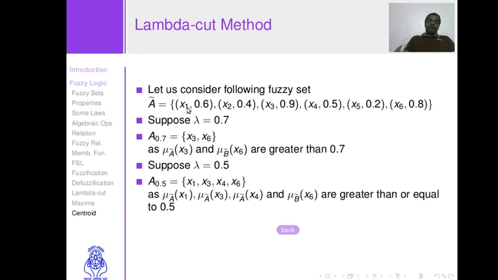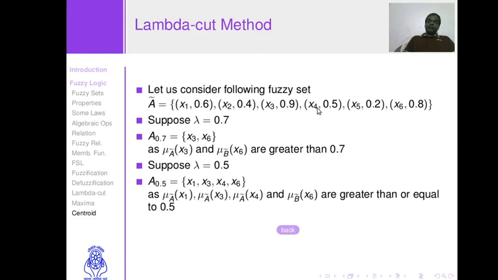Here the degree of membership of x1 is smaller than lambda, so we discard this element. In the same way, x2 is also discarded. The degree of membership for x3 is 0.9, which is greater than lambda, 0.7. So we take x3.